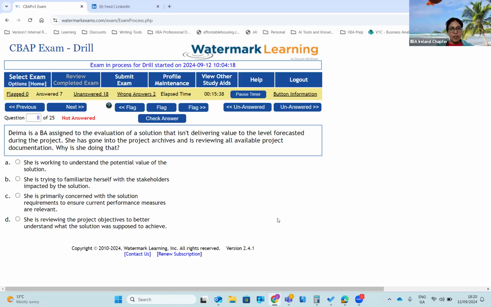Wow, that's a pretty tricky question. I think not A and not B. Okay, and why are you eliminating those? Because potential value, we define potential value in the requirements analysis and design definition, right?